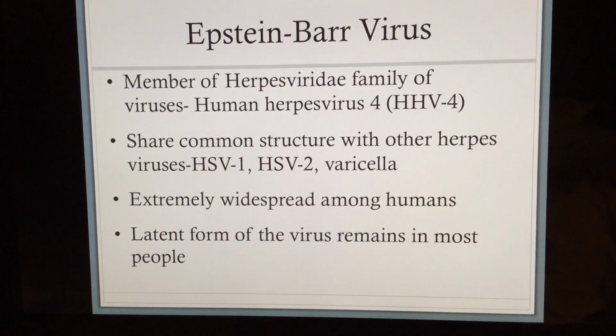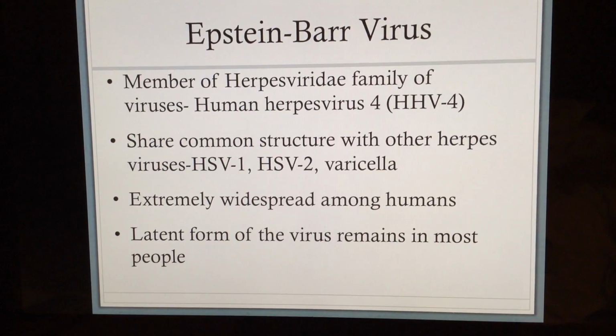It shares a common structure with other herpes viruses such as HSV1, which is herpes simplex virus 1, also known as oral herpes. HSV2 is herpes simplex virus number 2, or the genital form of the virus, and then varicella is similar in structure, and that causes the chickenpox and shingles.